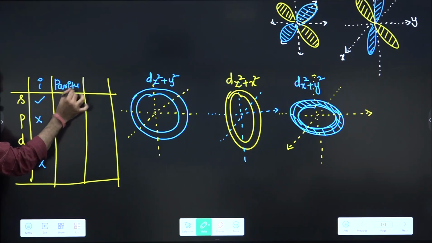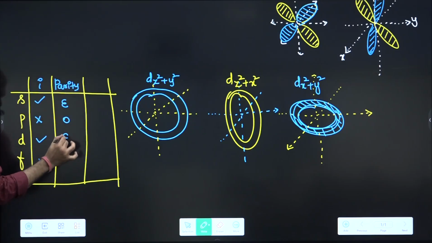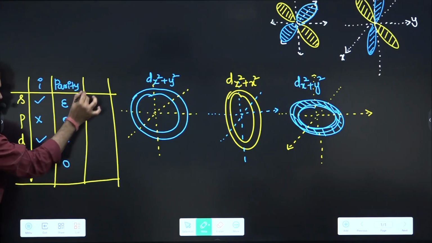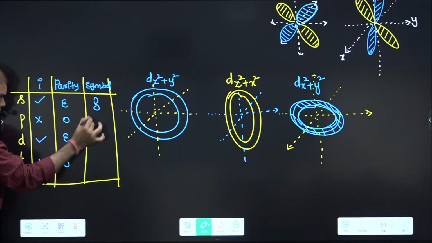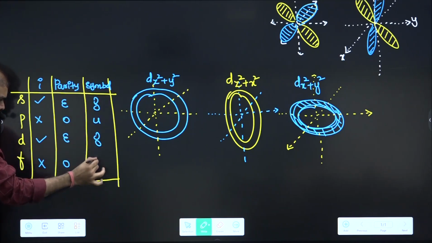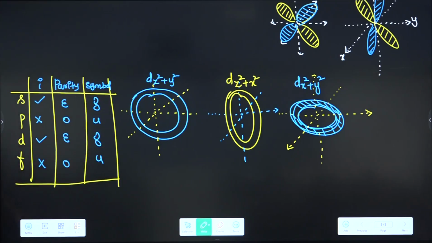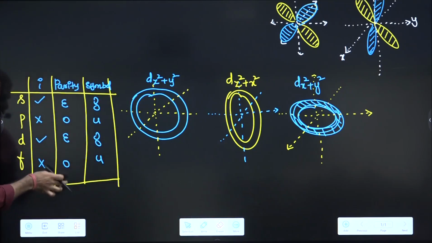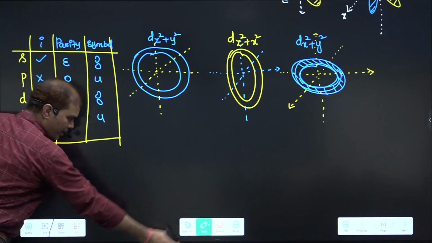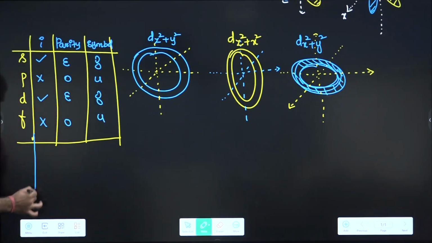Parity: even, odd, even, odd. And symbol: gerade, ungerade, gerade, ungerade. There could be a hypothetical question, because in CSIR there is no restriction or limitation. There can be hypothetical questions also.